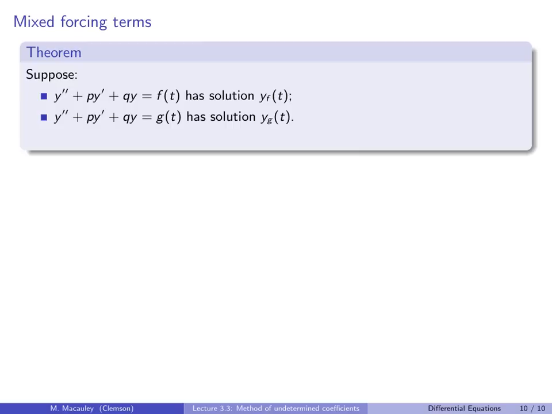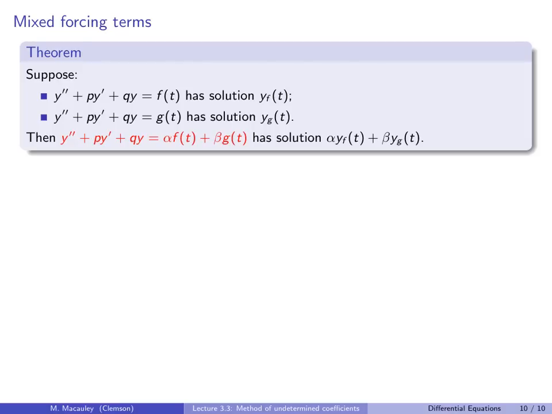To summarize, let's suppose this linear ODE has a particular solution yf of t, and let's suppose that this ODE has a solution yg of t. Then this ODE, where the forcing term is some linear combination, with alpha and beta constants, has solutions alpha times yf plus beta times yg of t.